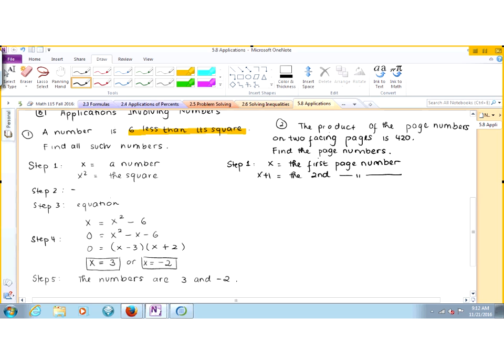This is the panel, so it means just copy the top. It's quick writing. The second page number. Step 2, none. Step 3, what about the equation? The product of the facing page number is 420. So how am I going to do it?